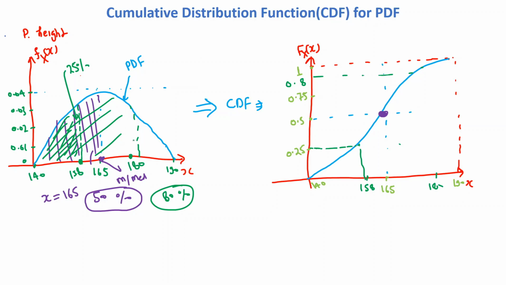So now if I want to calculate the probability density function from the CDF, how will we do that? In our last example, we used the derivative of the CDF.